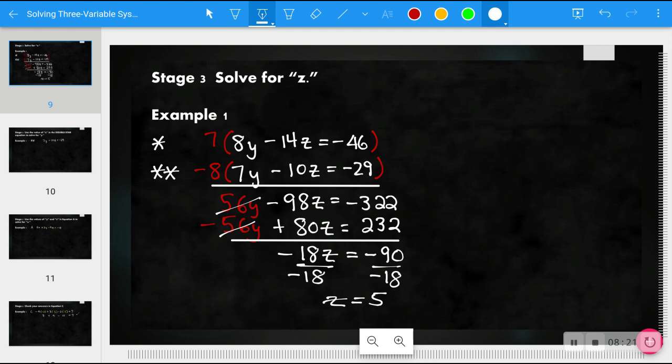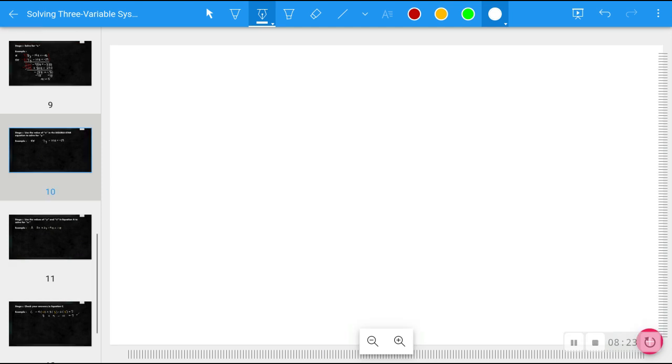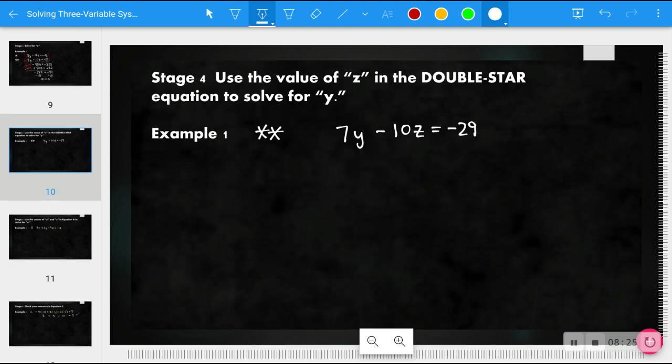Okay, so what do you do with that z value to continue? Well, you plug it into the double star equation, and that'll help you find y. So let's do that. 7y minus 10 times, I think we had a 5 as our value, and then that equals negative 29.